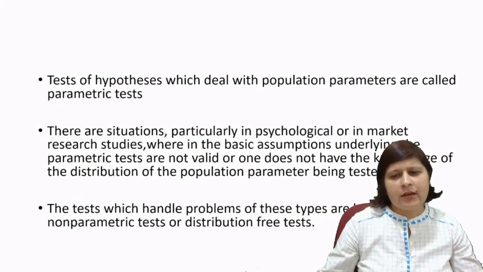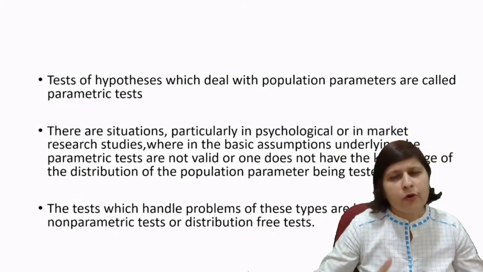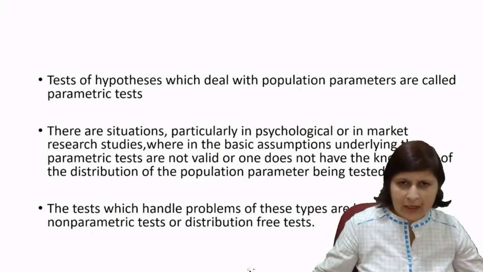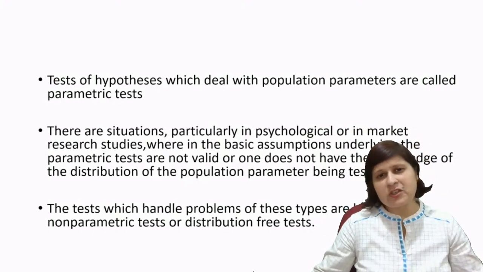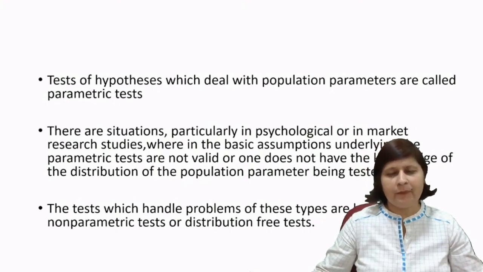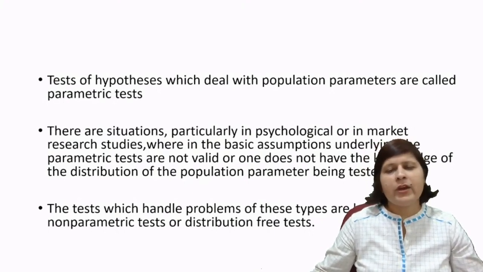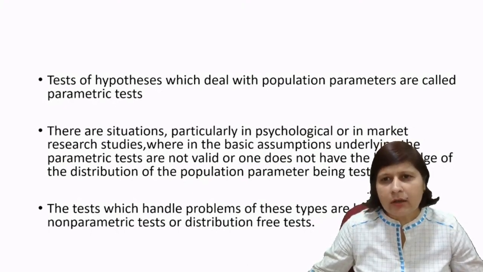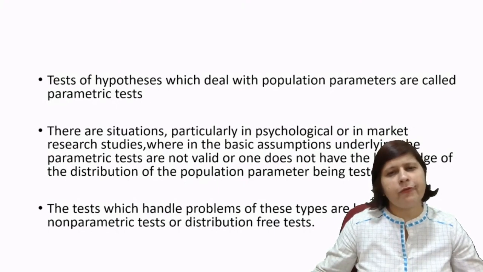See, if you know the distribution of the population, then you can carry out a parametric test. But there are situations, especially psychological situations or in market research, where the basic assumptions underlying the parametric test are not valid, and one does not have knowledge of the distribution of the population parameter being tested.